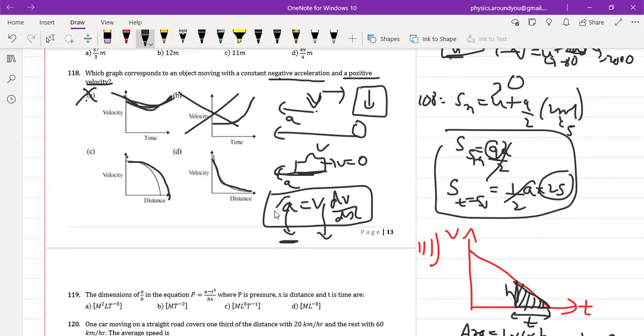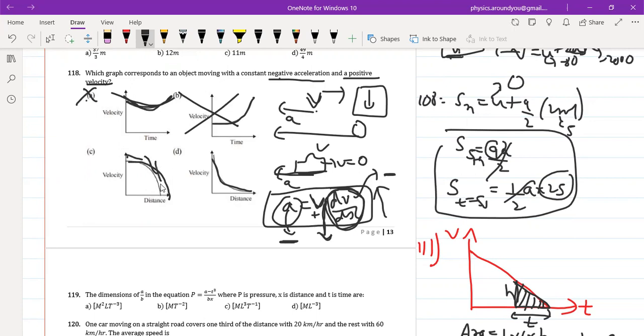If I have to keep the LHS constant, one quantity is reducing, so the other quantity should increase. Velocity is always positive, as given. That means dv by dx should be negative by default. So there should be a negative slope of dv by dx.